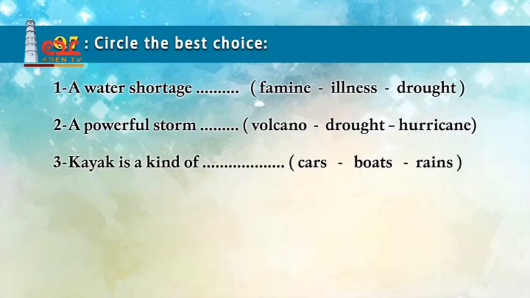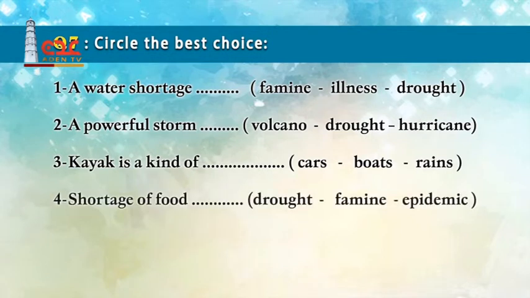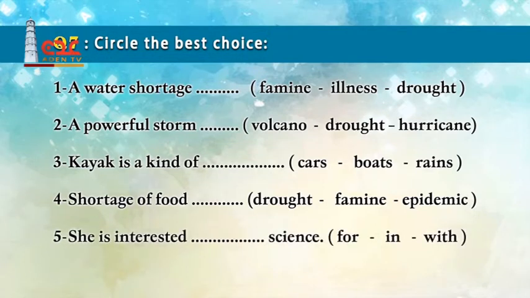Number 3, kayak is a kind of: cars, boats, rains. Number 4, shortage of food: drought, famine, epidemic. Number 5, she is interested: science, fall in with.